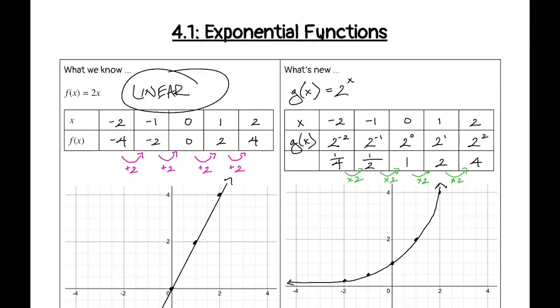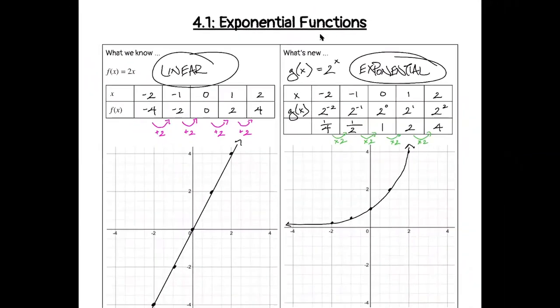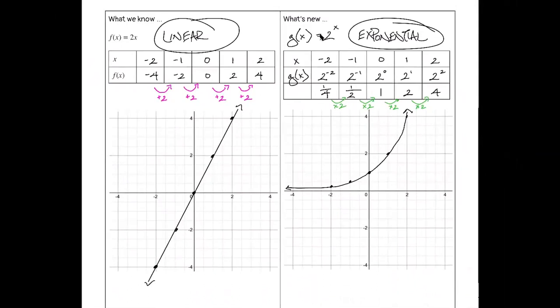Now, this kind of curve that happens when you multiply by the same number every single time to get to the next number, that is what we call an exponential function. All right, so we've got our linear function, which is just a line, and then we've got our exponential function, which is a curve.